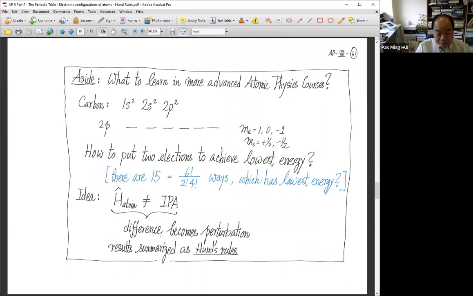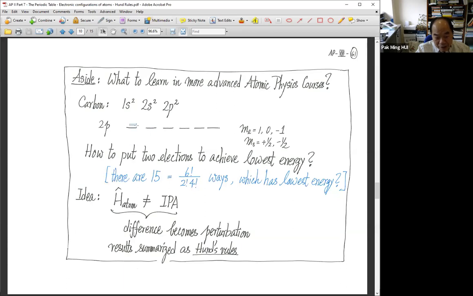So there are complications that you must appreciate. In more advanced atomic physics courses, you will encounter such a question. For example, carbon. I have 2 electrons in the 2p state. But I know that for p orbitals px, py, pz, up, down spin, there are 6 states together. I have 2 electrons. What to do? Should I put it here, put it there?